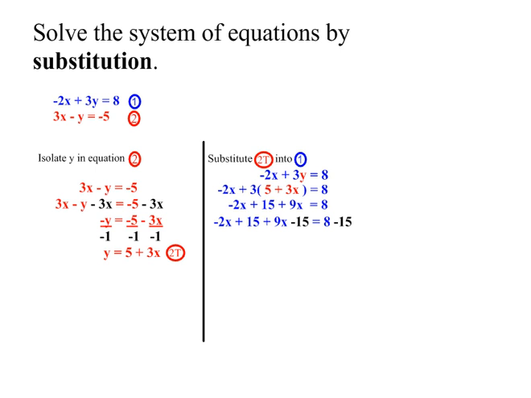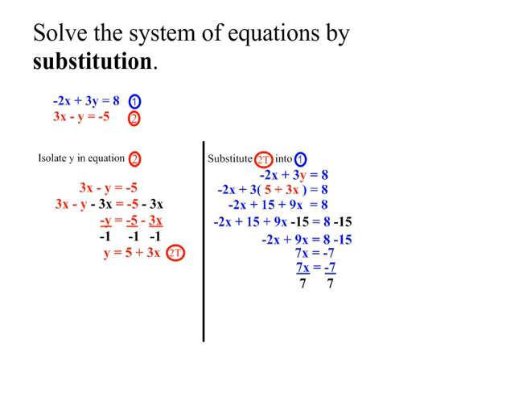Now what we want to do is bring all our constant terms to the right and keep our x terms to the left of the equation. So we're going to get rid of that plus 15 on the left side by subtracting 15 on both sides of the equation. So we'll be left with minus 2x plus 9x equals 8 minus 15.